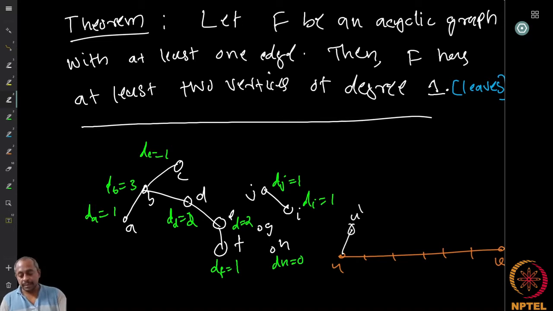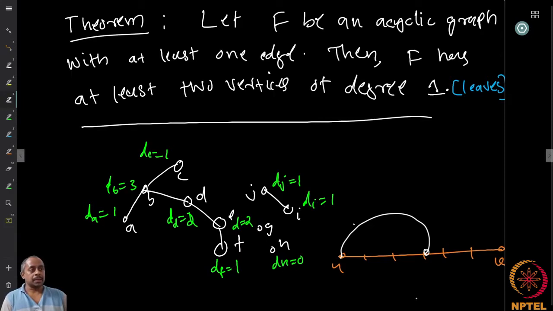Now, if it has a neighbor inside the path, suppose this neighbor of u is inside the path, then you already have the connection between these two vertices along the path uv, and then you have this additional edge, which creates a cycle. But we started with the assumption that the graph is acyclic.